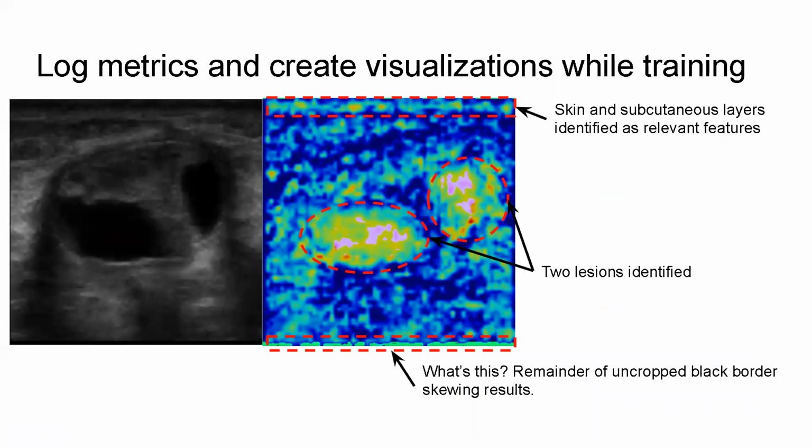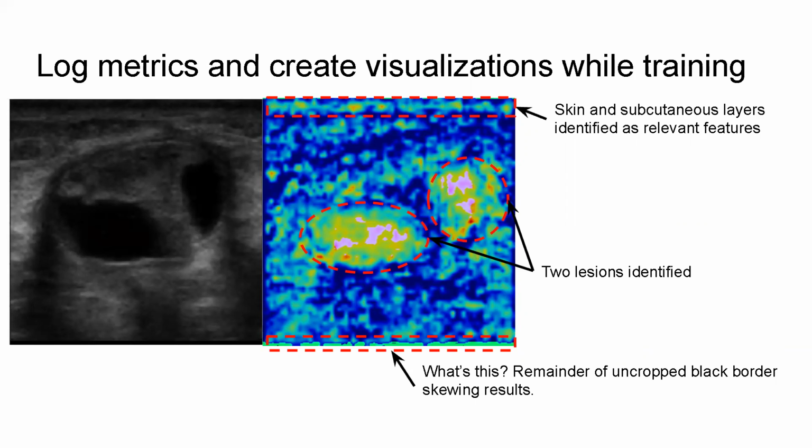Results were all logged using TensorBoard, which is something that they were already used to, and visualizations are created using GradCams, or gradient-weighted class activation mappings, where we're looking at the last convolutional layer and seeing what it sees right before it classifies. In this case, this is a lesion classification.